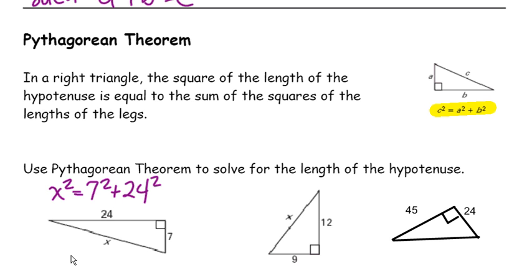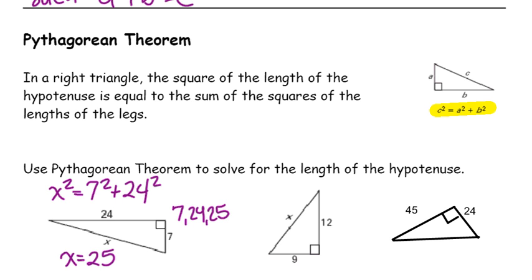All right, so in this case, you should have gotten x equals 25 by adding these two together and then taking the square root of both sides, which means that we have a 7, 24, 25 triple, because these are three positive integers such that a squared plus b squared equals c squared.